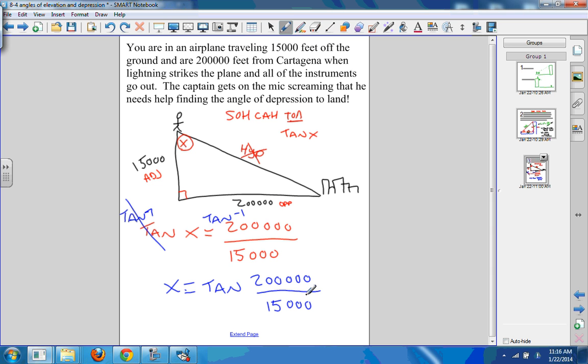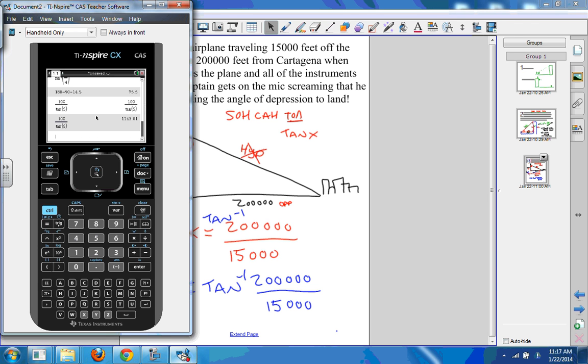The arctangent of that. So let's stick that in our calculators. Alright, so from there, arctangent, there it is, of 200,000 divided by 15,000. Enter.